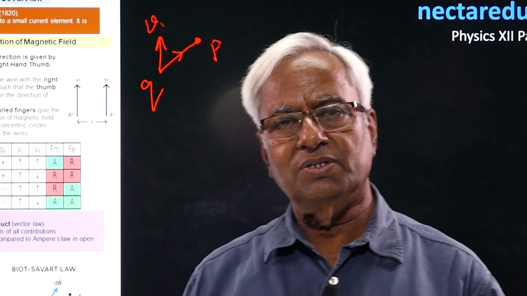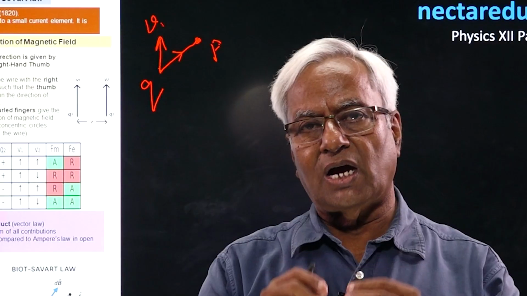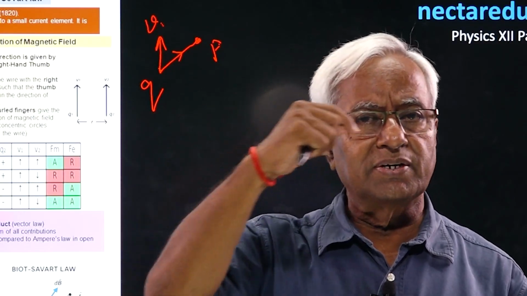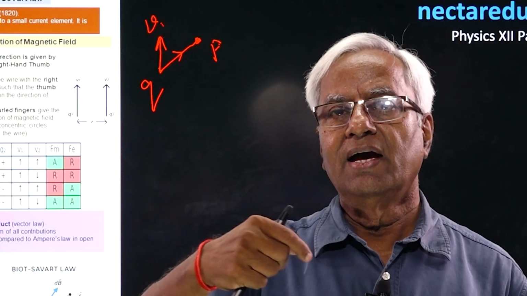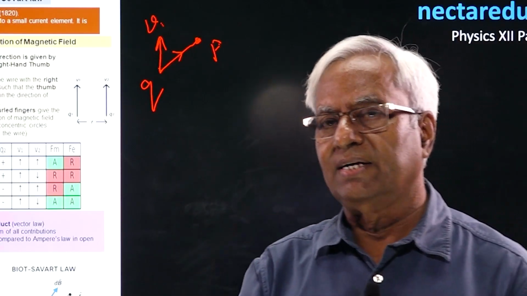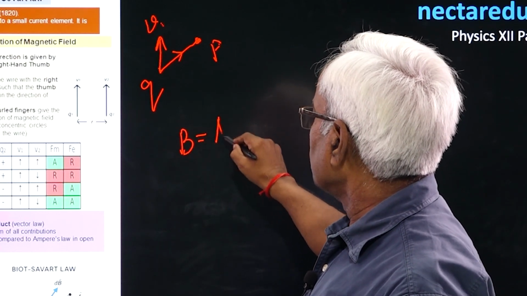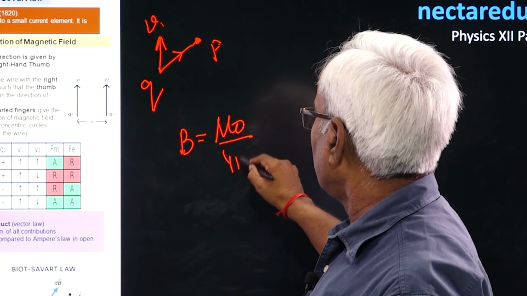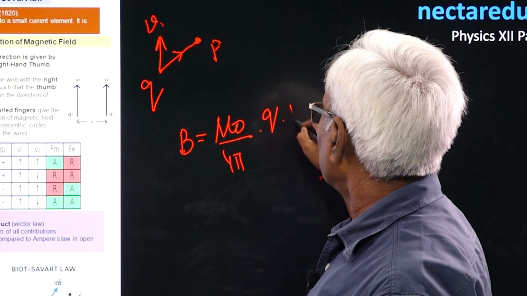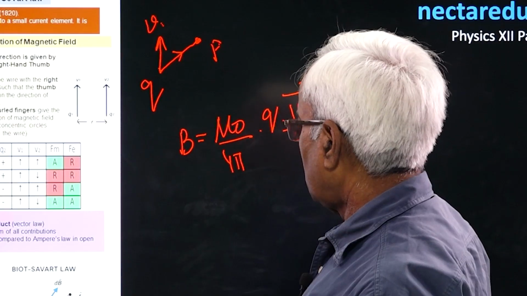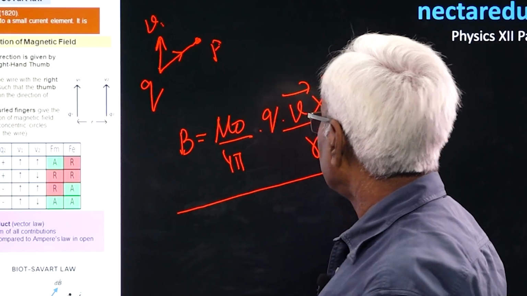Whenever a charge is in motion, it will certainly produce magnetic field around it, on all sides. That field is given by this relation: mu naught upon 4 pi, q v cross r upon r cube.